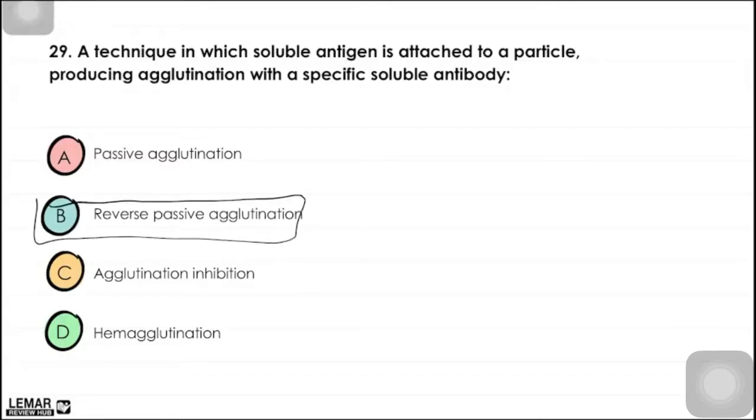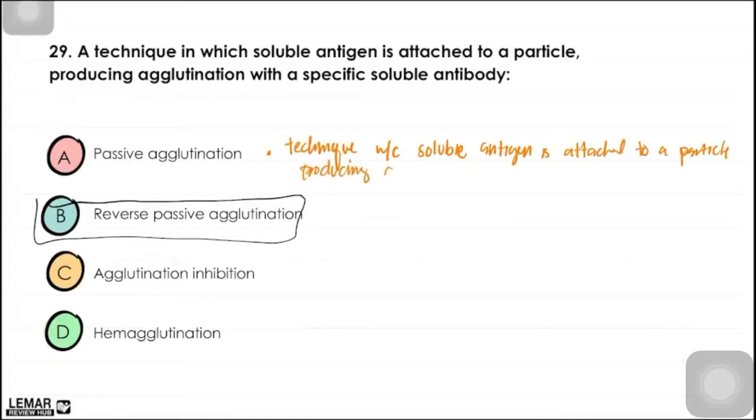Let's first define what passive agglutination is versus reverse passive agglutination. Passive agglutination is a technique in which soluble antigen is attached to a particle, producing agglutination.